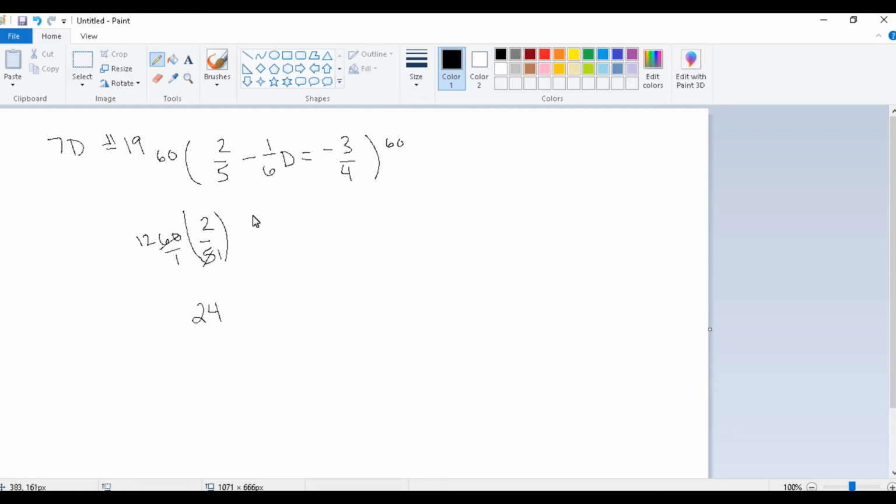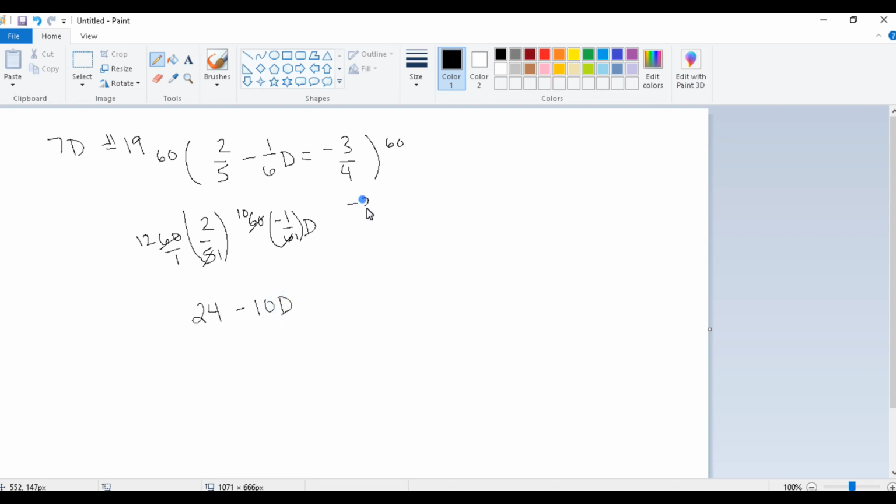Now I'm going to do the next one. 60, and we're multiplying by minus 1/6, and then don't forget the D. Okay, so here I can cancel out a 6, leaving me with 1, and I can take a 6 out of here, leaving me with 10. Then I multiply across. Negative 1 times 10 is negative 10, and I'm going to multiply that D.